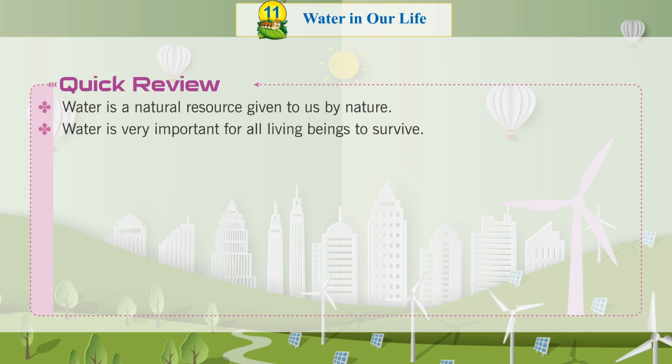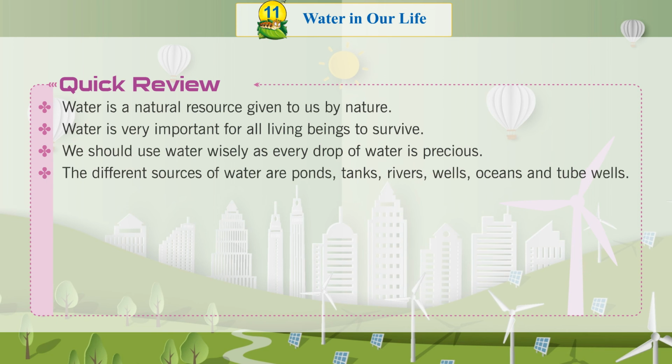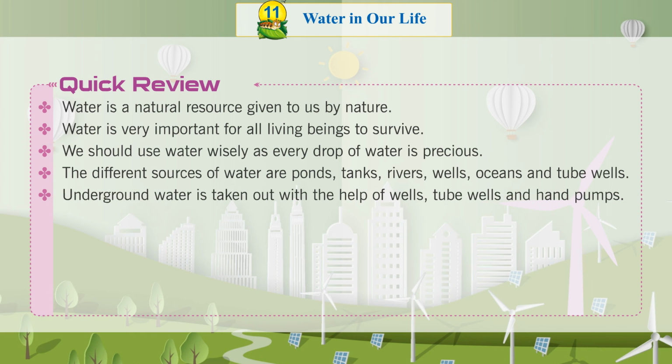Water is very important for all living beings to survive. We should use water wisely as every drop of water is precious. The different sources of water are ponds, tanks, rivers, wells, oceans, and tube wells. Underground water is taken out with the help of wells, tube wells, and hand pumps.